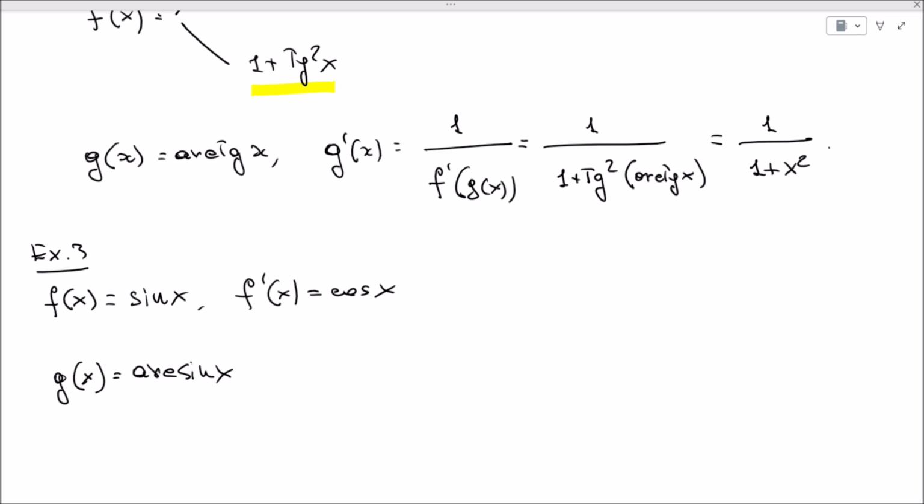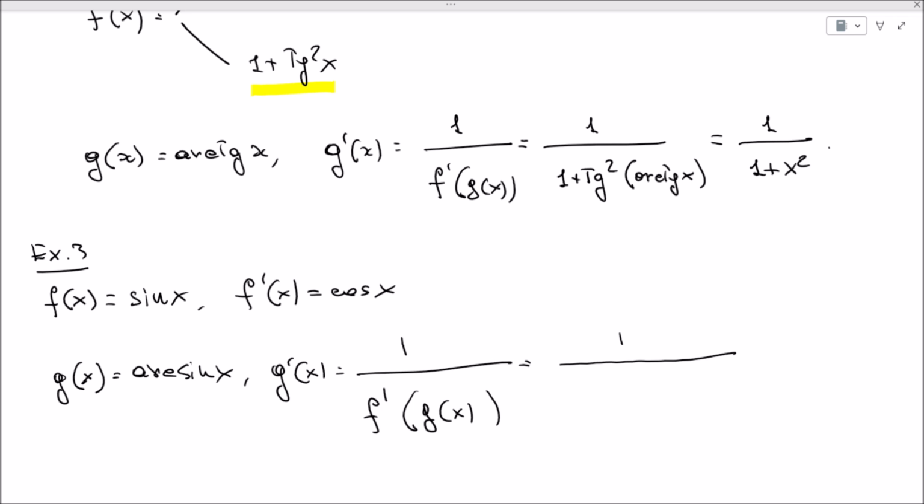Now, g prime of x is 1 divided by what? Well, again, we need to apply the theorem: 1 divided by f prime of g of x, which in this case is the cosine of g of x, but g of x is the arc sine of x.